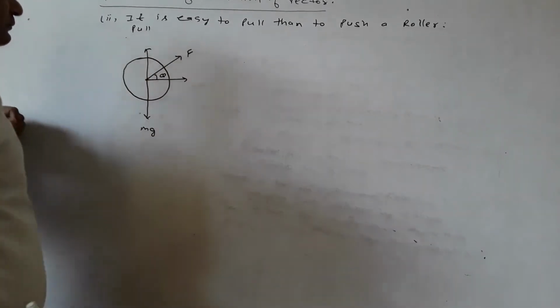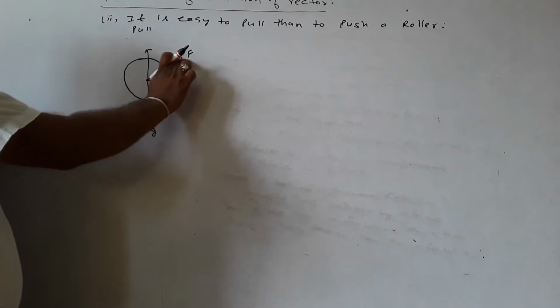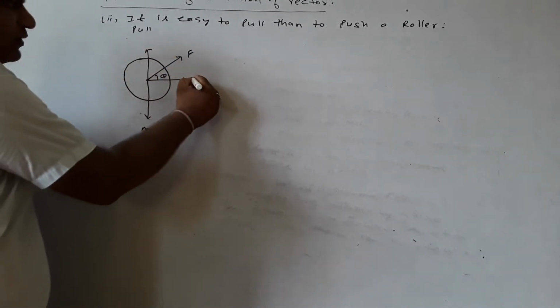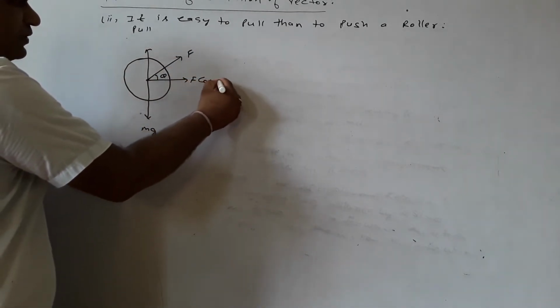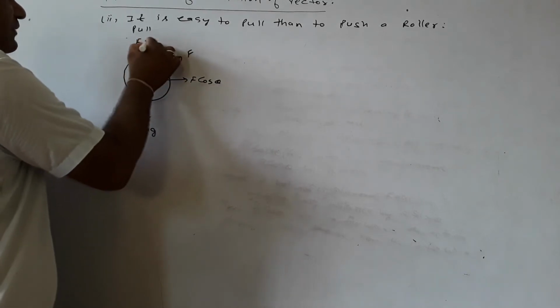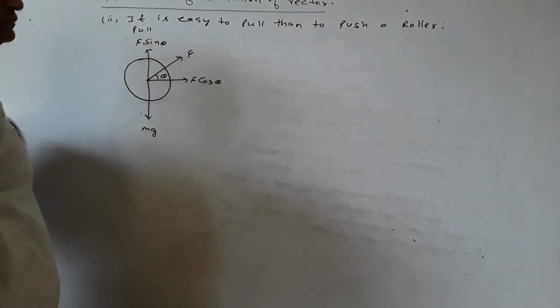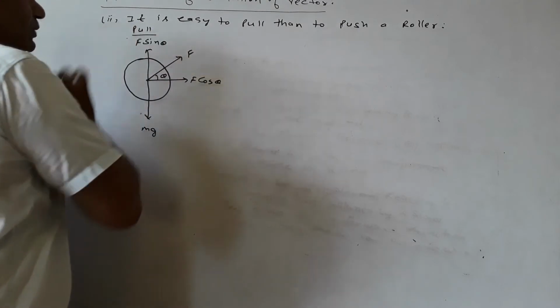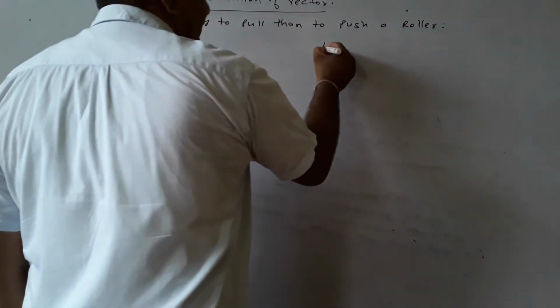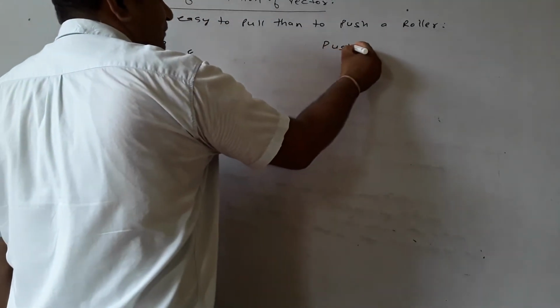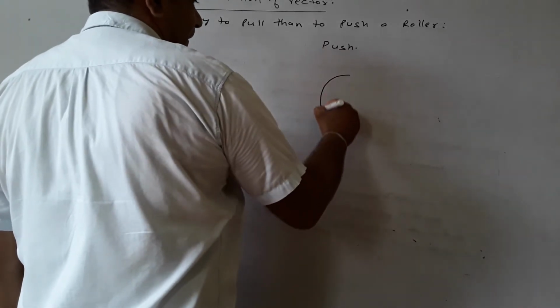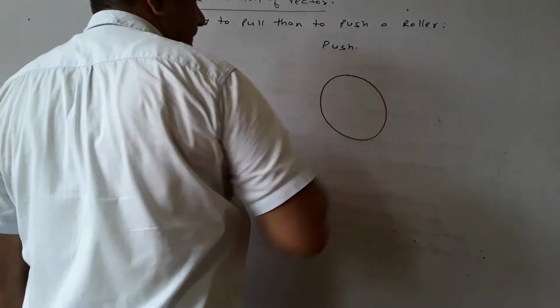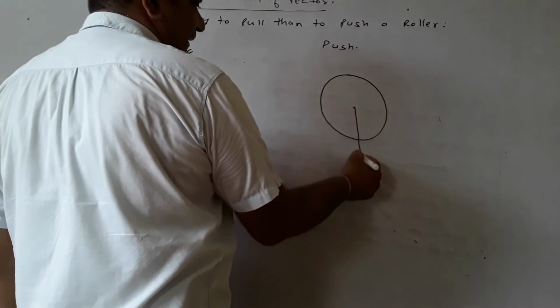Now, you can resolve F into two components. Along the horizontal, F cos theta. Along the vertical, it is F sin theta. This is the case of a pull. Now, if we take the case of a push, this is weight mg acting downward.